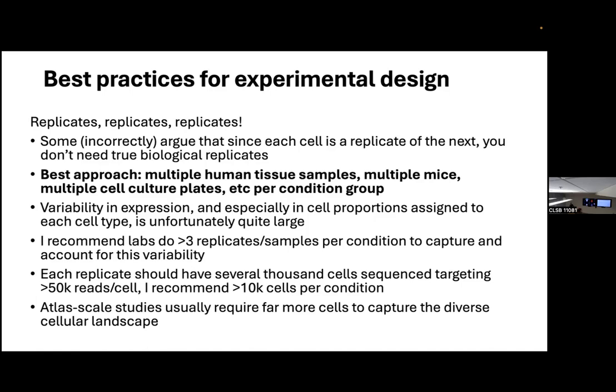That is just statistically not true. So the better approach, if you're looking at human tissue samples or doing experiments in mice or cell culture plates, whatever, you need multiples of those. Usually at least 3, ideally more than 5 or 6 per experimental group.